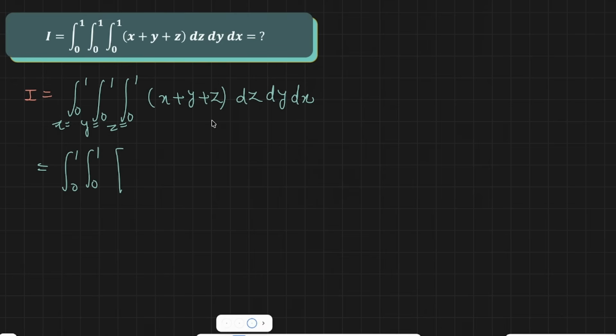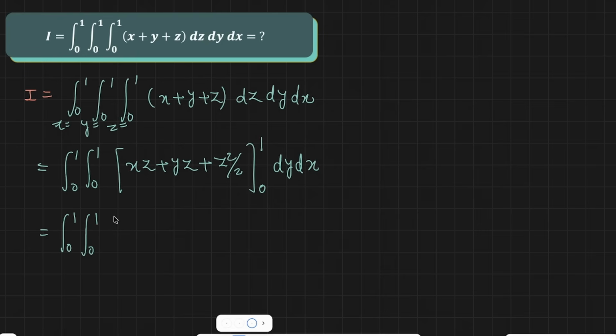It gives x into z, y into z, and z square by 2, with limits from 0 to 1. When I put 1 in place of z, it will be x plus y plus 1 by 2. When I put 0, this will be 0. So it is dy dx.